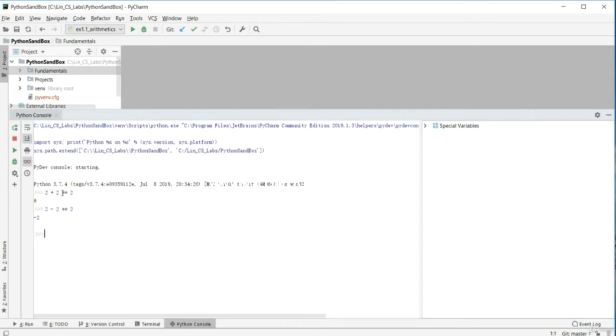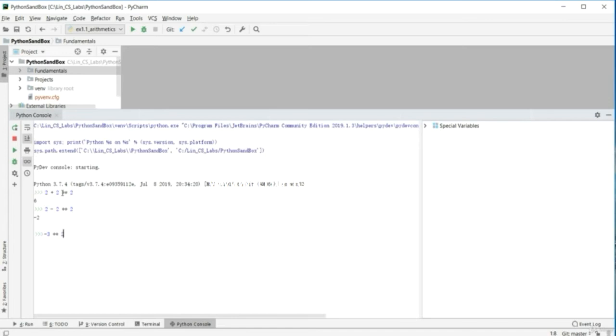Now we talked a little bit about the unary operators, the minus and the plus. So minus 3 gives you a negative number, just negative 3. Okay, so minus 3 to the power of 2.